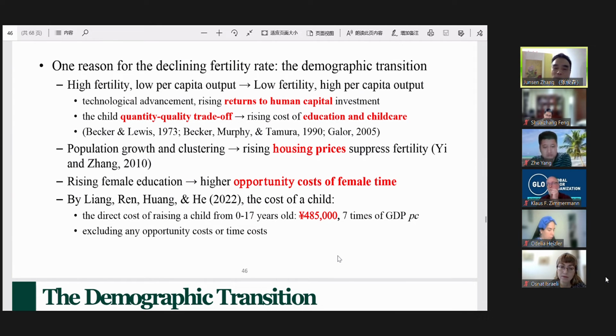And other authors have also estimated the direct cost of having a child in China: 500,000 Chinese yuan, which is 7 times GDP per capita, and that excludes any opportunity cost or time cost.